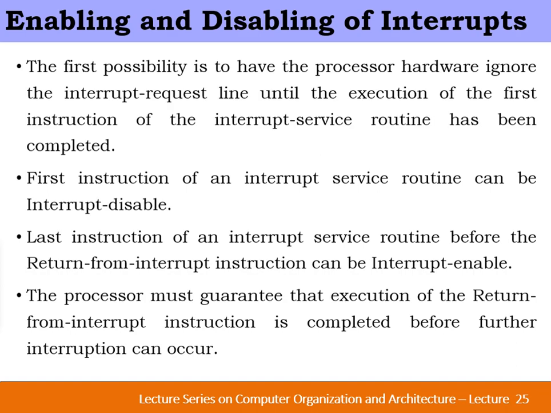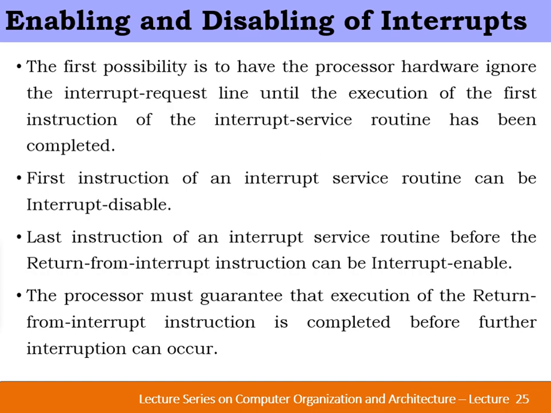The first possibility is that the processor hardware has to ignore the interrupt request line until the execution of the first instruction of the ISR has been completed. So the first option says that the processor needs to ignore the interrupt request signal until the first instruction of the ISR has been executed.